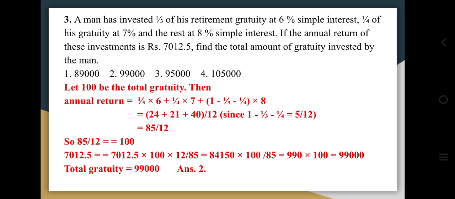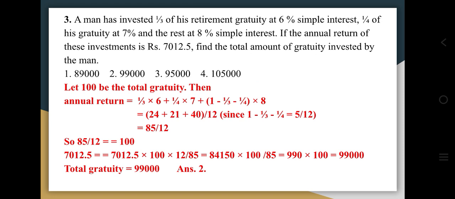But if you divide 100 by 85 by 12, it is equal to 100 into 12 by 85. So 7012.5 corresponds to 7012.5 into 100 into 12 by 85.